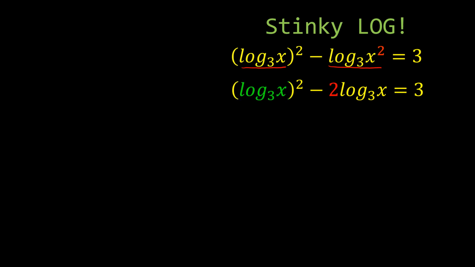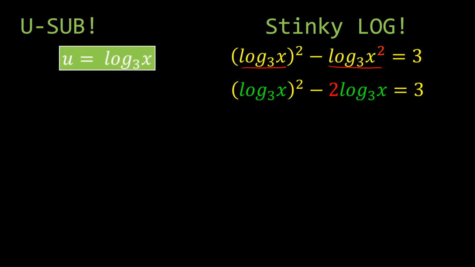Now, we can see that log base 3 of x, log base 3 of x, here being our variable. So we do a little change in variable, meaning doing a u substitution. Let u be log base 3 of x. And when you let u be log base 3 of x, your equation here becomes u squared minus 2u equals 3.